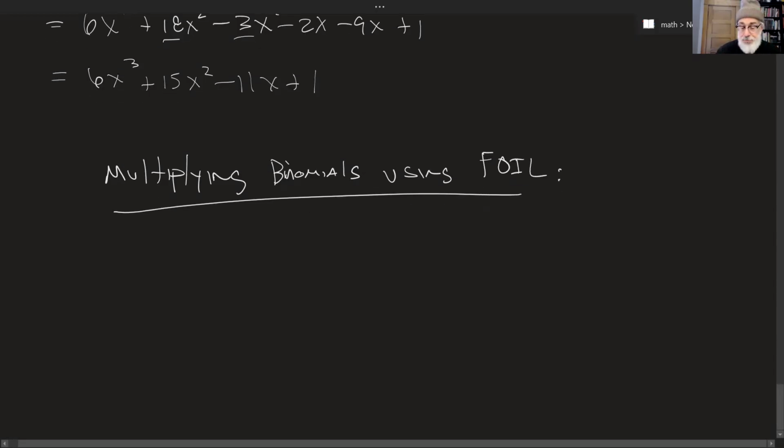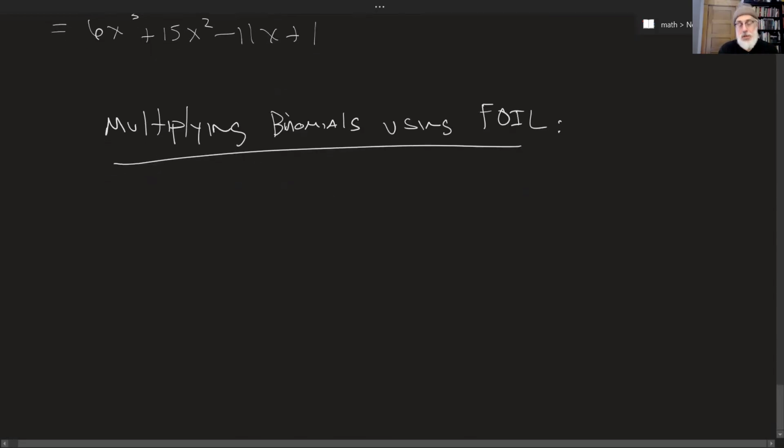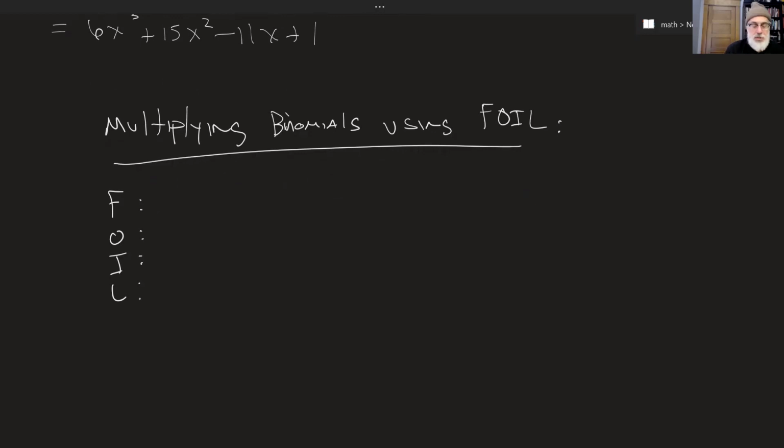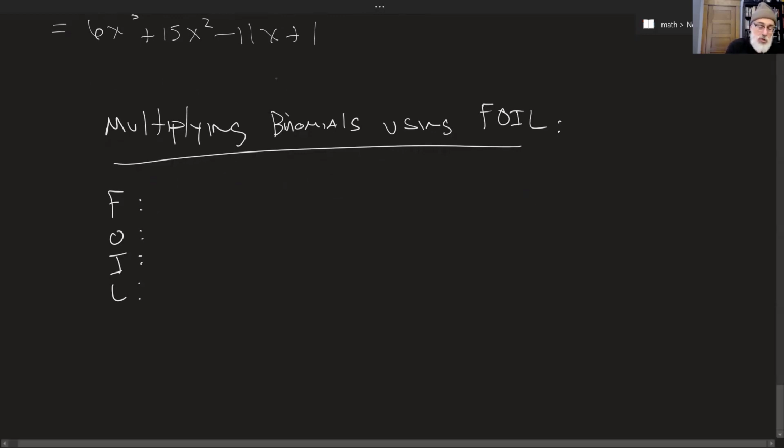If you're not, FOIL stands for, each letter has a meaning. And this tells us in what order we multiply terms of two binomials. Now, a binomial is a 2-term polynomial, so a plus b is a binomial. x squared plus y is a binomial.